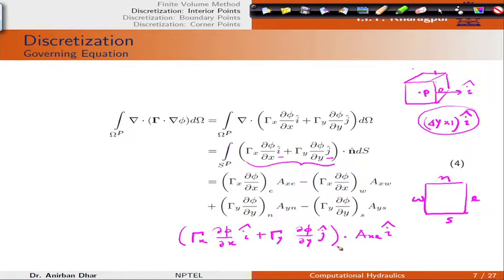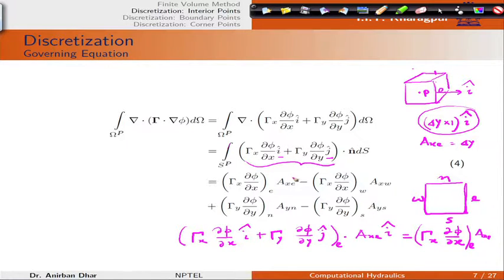So, this is for face E. Now, if we take the dot product for this particular face, then we will get gamma x del phi by del x, this is for east face, and A e multiplied. A e is nothing but del y, the magnitude of the area.